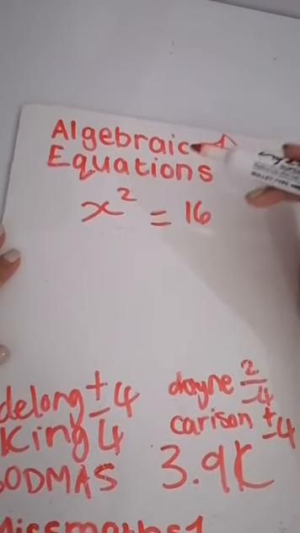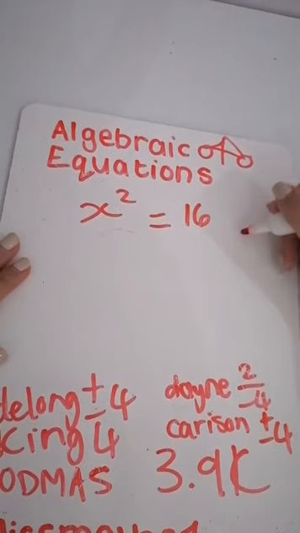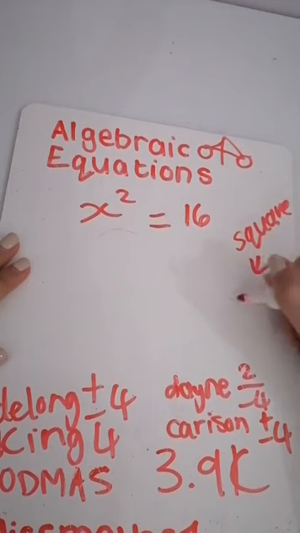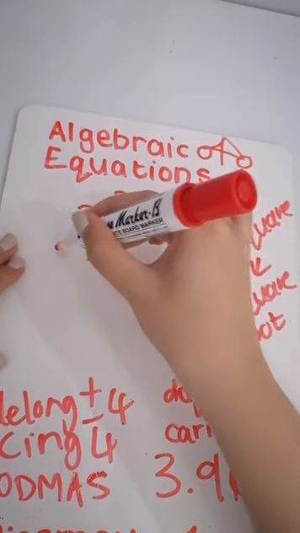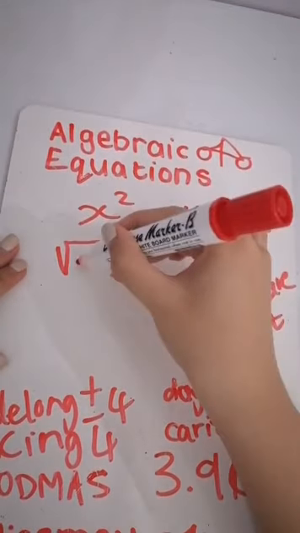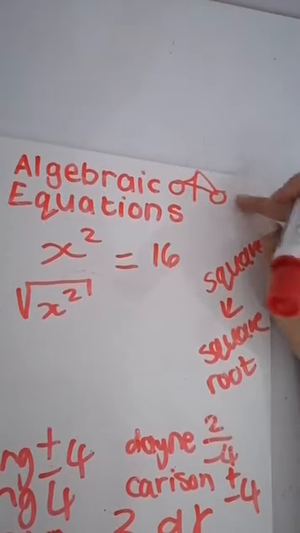Now, the opposite operation of square is square root. So I'm just going to write it here. Square, the opposite is square root. So, let's do it. The square root of x squared. Remember your scale. Keep it in balance.